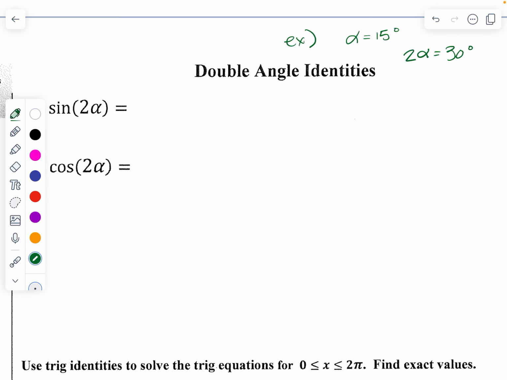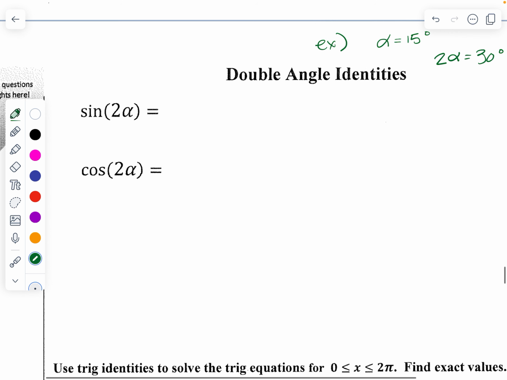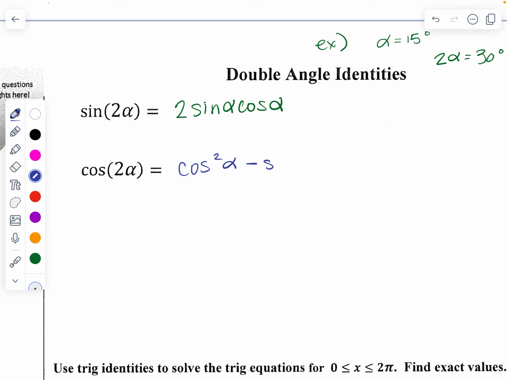So this would be one of the reasons why we have to do this. This derives actually from the sum and difference identities, but the value of sine of double an angle is 2 times the sine of the angle and times the cosine of the angle. And then the cosine of twice the angle, there's 3 different ways we could see this. We can see cosine squared alpha minus sine squared alpha.